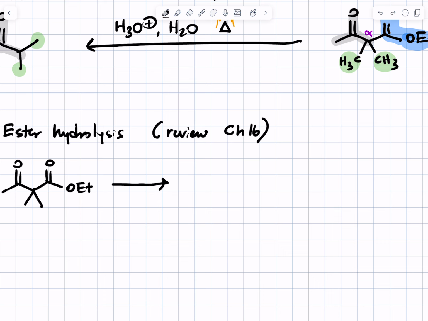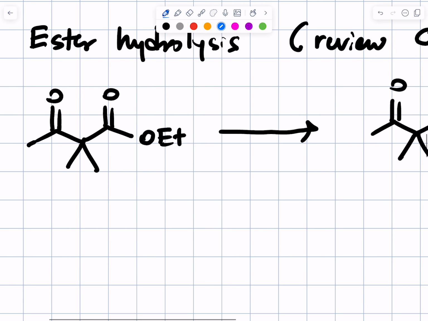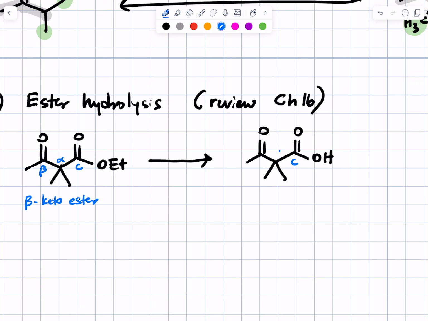In the end, you go from what used to be your ester to the expected hydrolysis product, which is this acid. And structural patterns here, the ketone on the beta carbon makes this a beta keto ester. Similarly, we would call this one a beta keto acid.